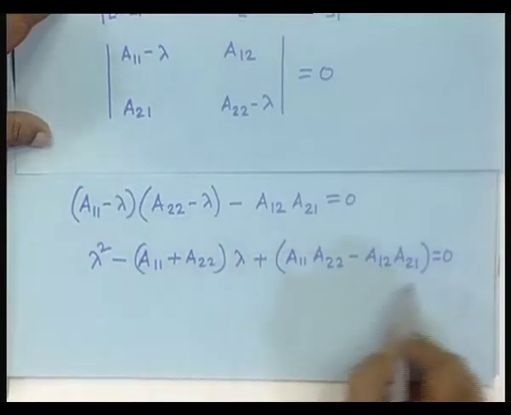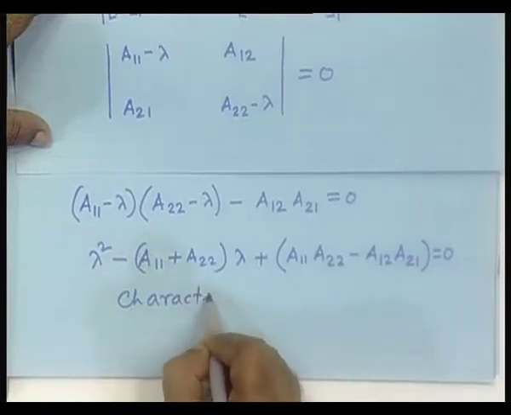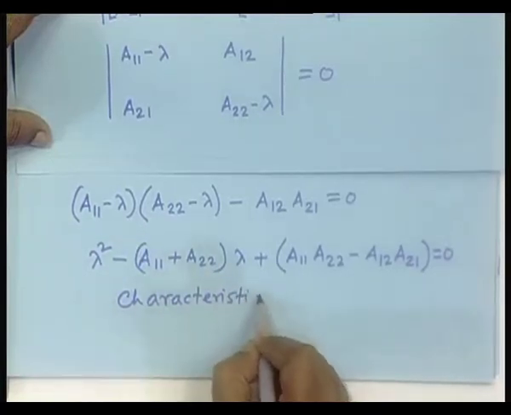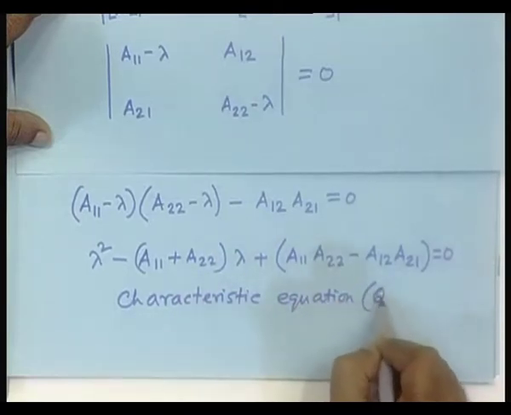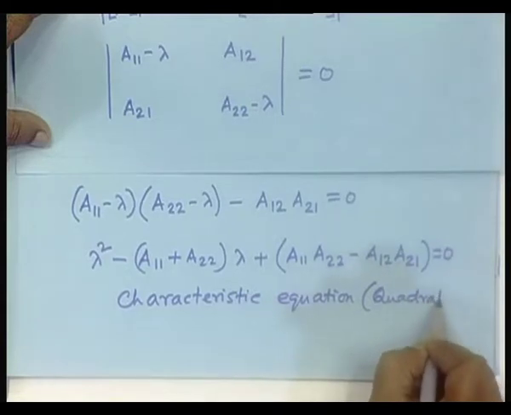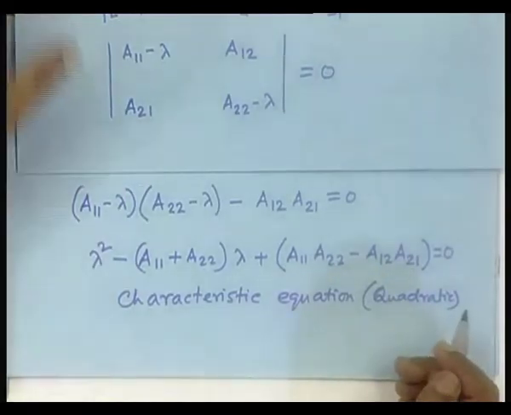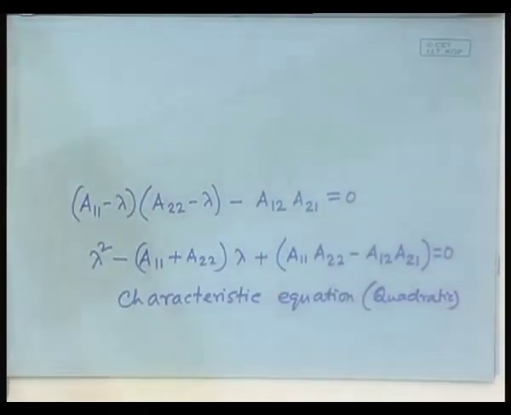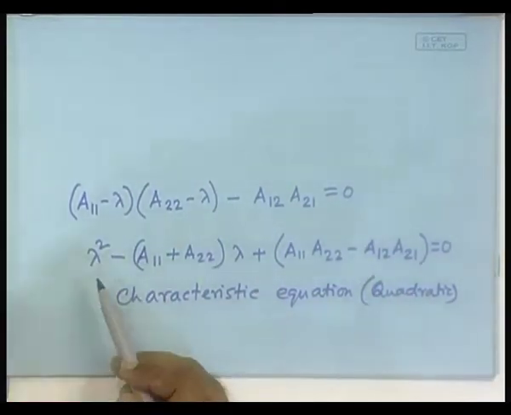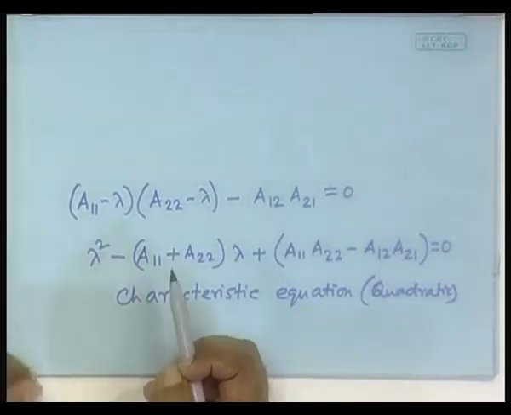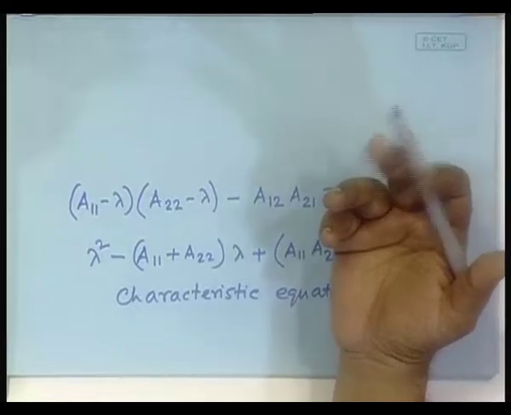This is called the characteristic equation, a quadratic for a 2D system. For a high dimensional system, it will be of as high an order. A quadratic we know always has two solutions. So, there will always be two eigenvalues.